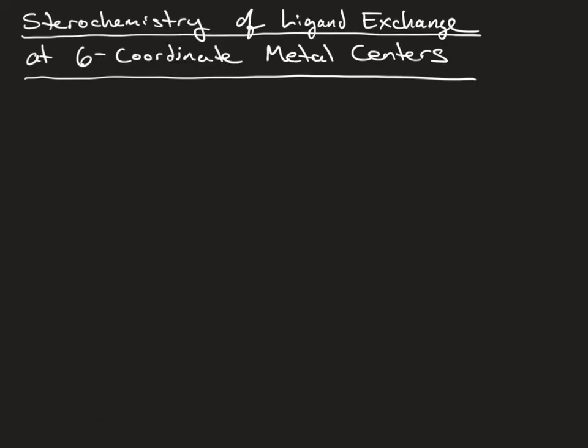We're now going to briefly discuss the stereochemistry of ligand exchange at 6-coordinate metal centers. So let's say that we have our ML5X plus Y going to the ML5Y plus X reaction. And as we said, this follows a dissociative-like process.